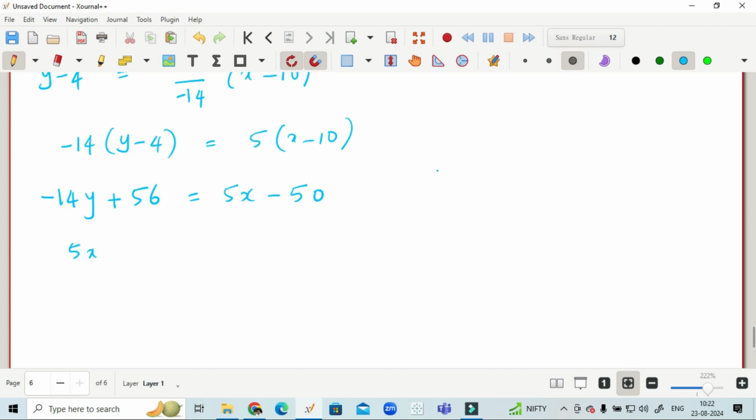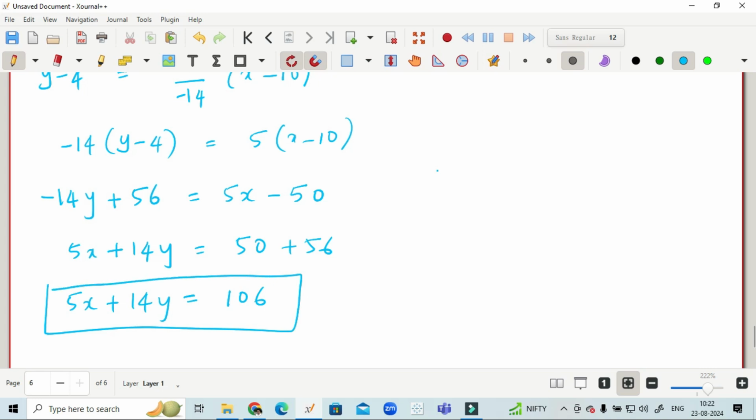So 5x, throwing this y here, plus 14y equals 50 plus 56, which is 106. 5x plus 14y equals 106. So this is the required equation.